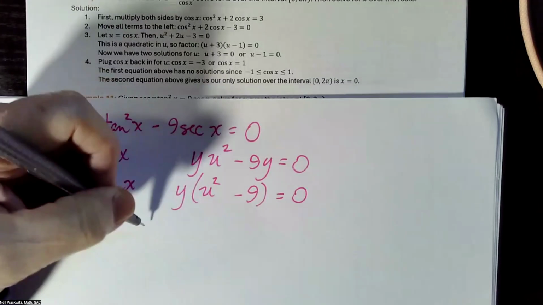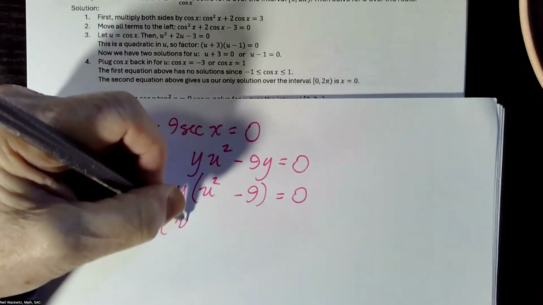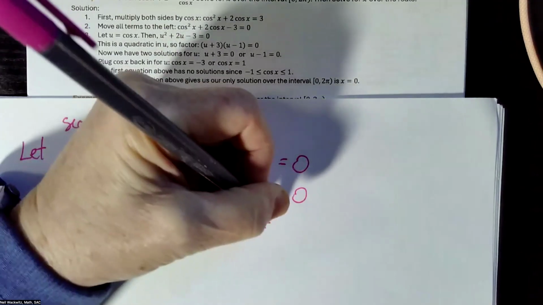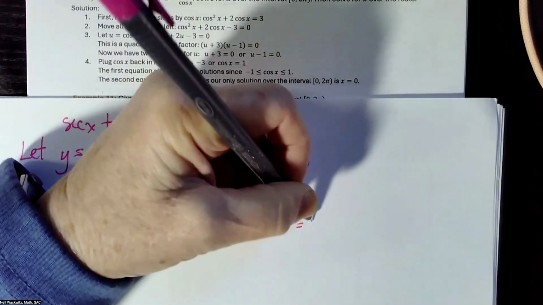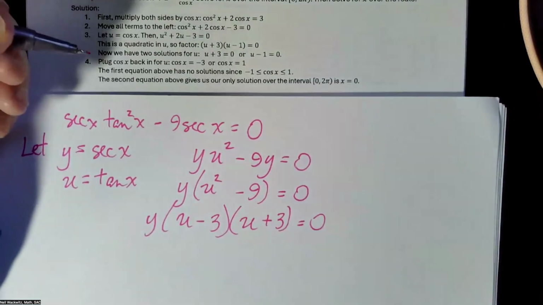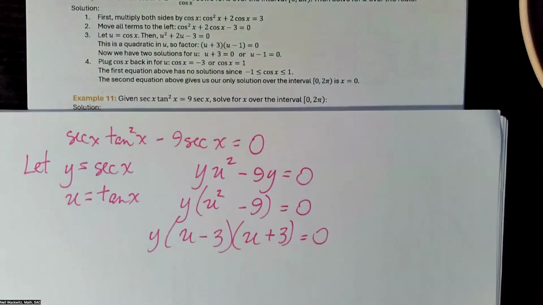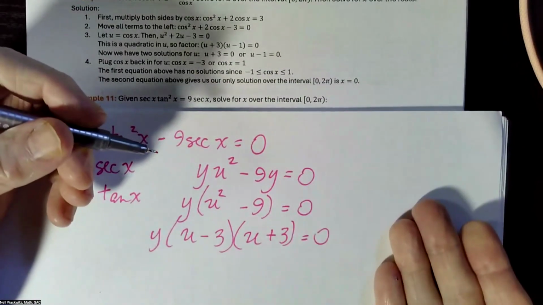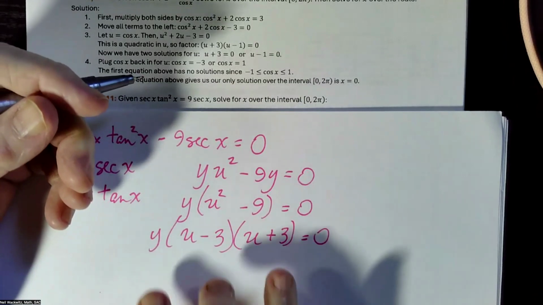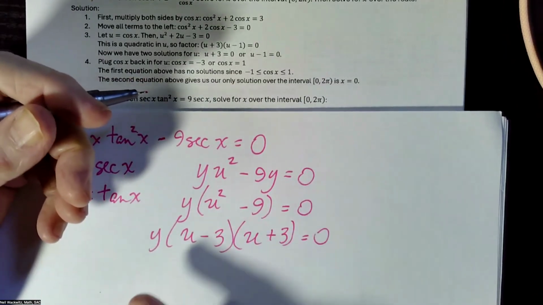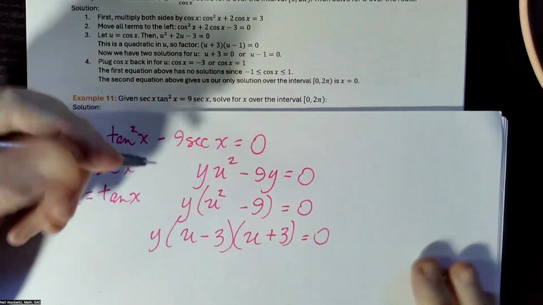So I'm going to factor y times u minus 3, u plus 3 equals 0. And now I know that I've got the zero product property that says that if the product of things equals 0, then at least one of them must be 0.